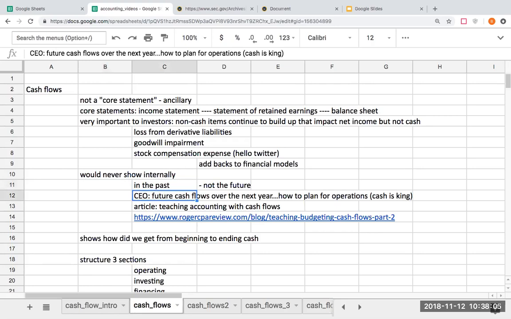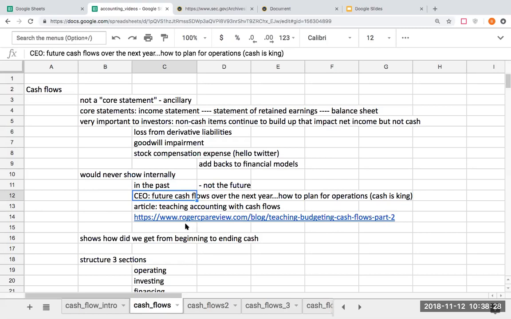When I'm doing a future cash flow projection, one of the most important things that you can be doing when you're helping out a company is, what is my cash flow going to look like for the next 12 months? The statement of cash flows doesn't do that. Rather, our cash flows are focused on the past.